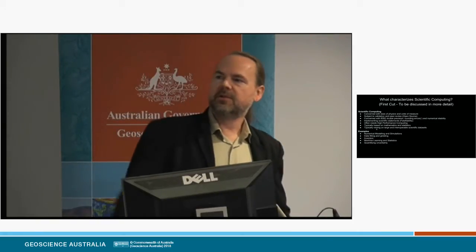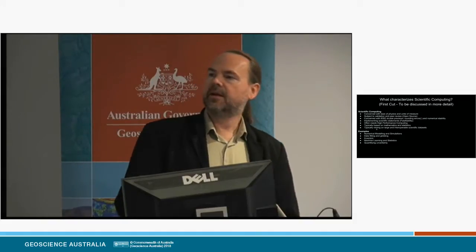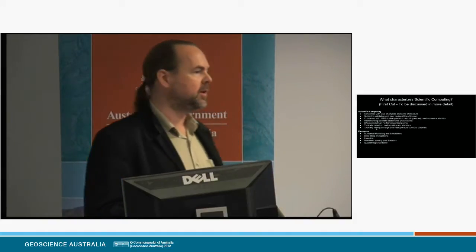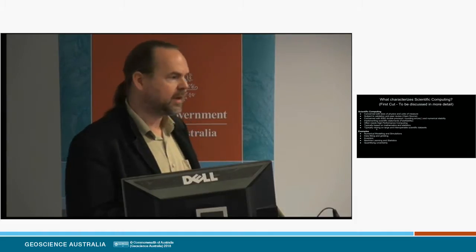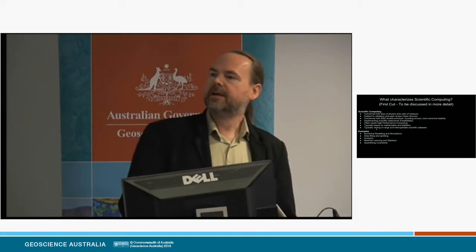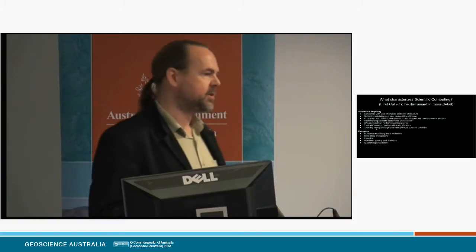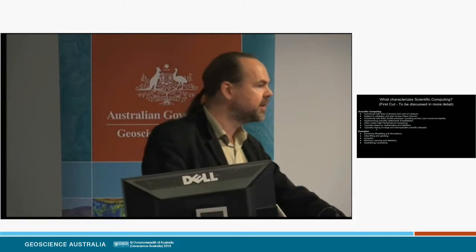Examples, obviously, are numerical modeling and simulations, as we see in the natural hazards area, perhaps in the future in reservoir modeling in oil and gas exploration, for example. Data fitting and gridding, as we see in LiDAR data, turning that into grid products. A lot of inversion. We saw Phil Cummins talk about reverse time imaging to invert for tsunami sources recently.